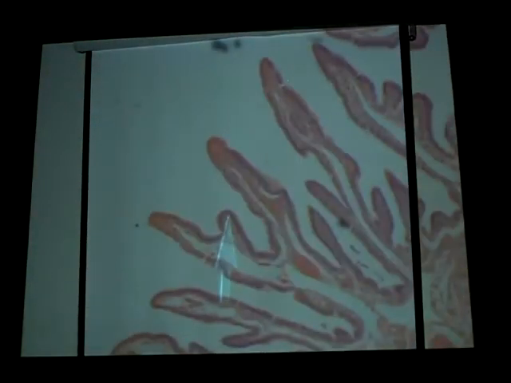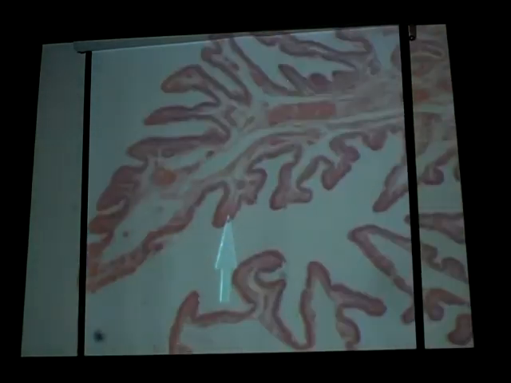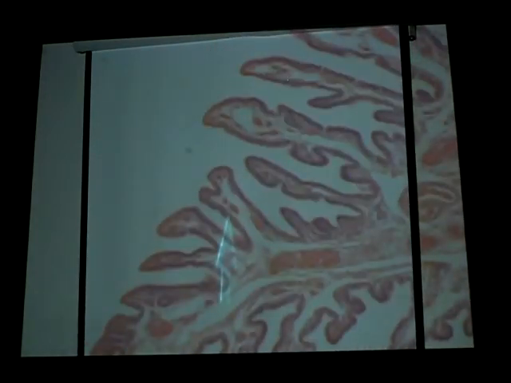Alright, and if we look on this slide, you have these structures that are projecting outwards. These are the fimbriae. Those are finger-like projections that you see surrounding the uterine tube. They're not on all the slides, but you'll see them sometimes on the slide with the ovary.